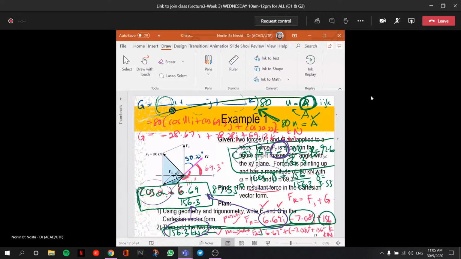So the direction will be slightly over, maybe at this point. So make sure you don't forget the negative.